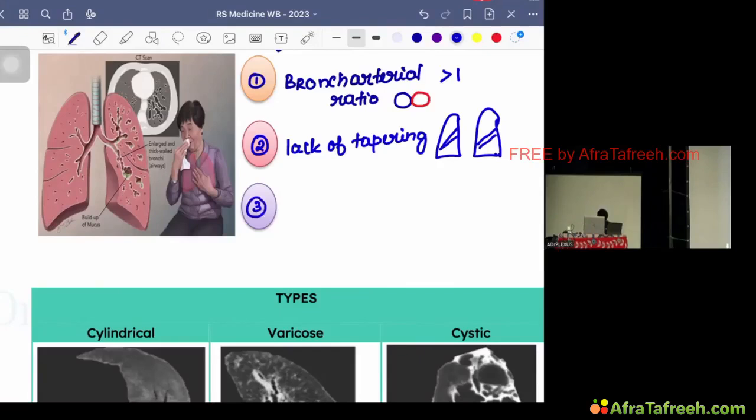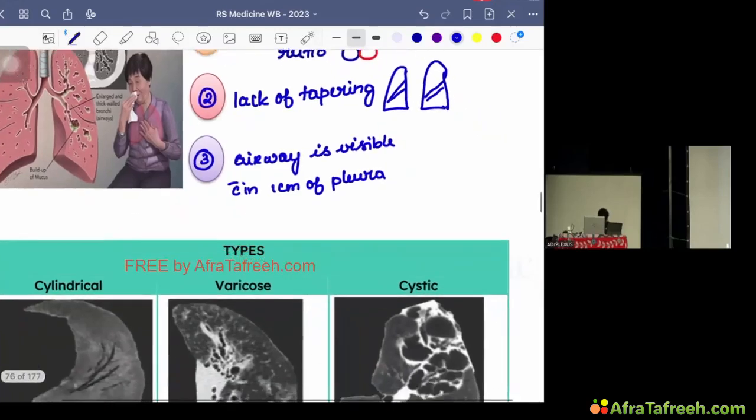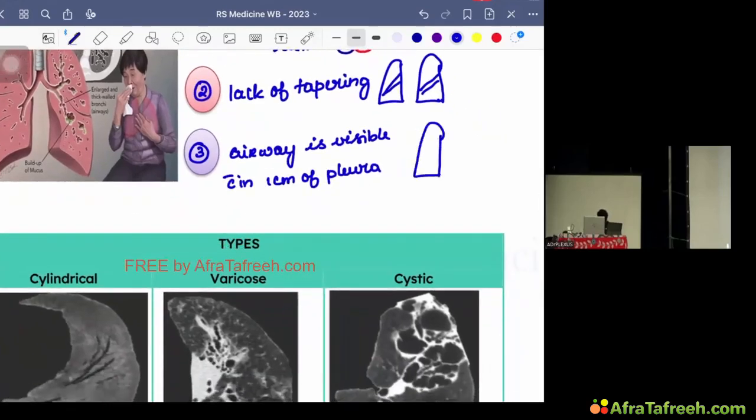Then the third point is the airway is visible within 1 centimeter of the pleura. This is the pleural lining, for example, and your airway is almost touching the lung border.